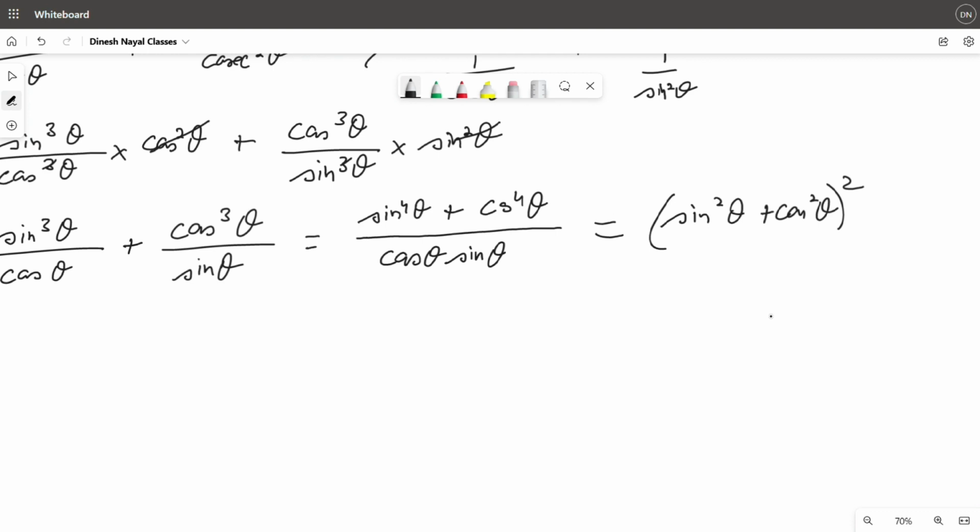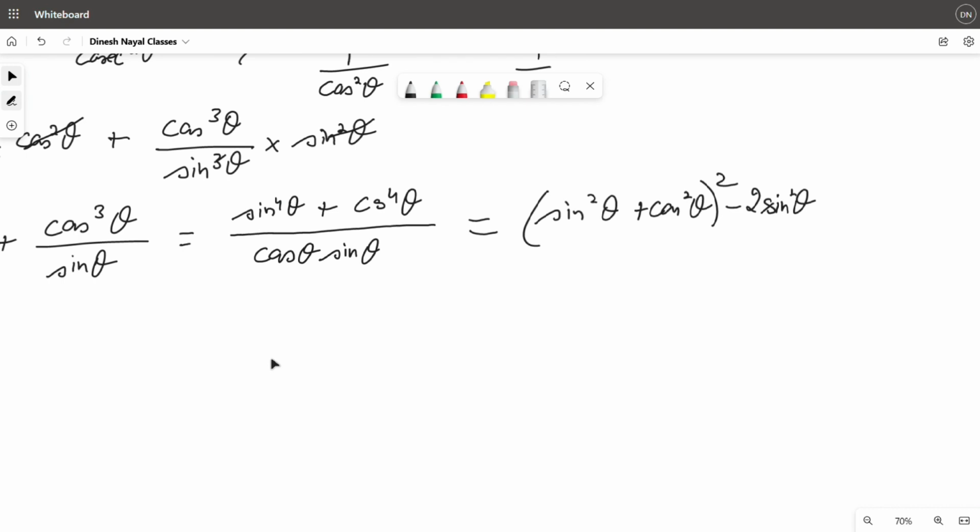So I am writing minus 2 sine square theta cos square theta to cancel that out. And this whole is upon cos theta sine theta.